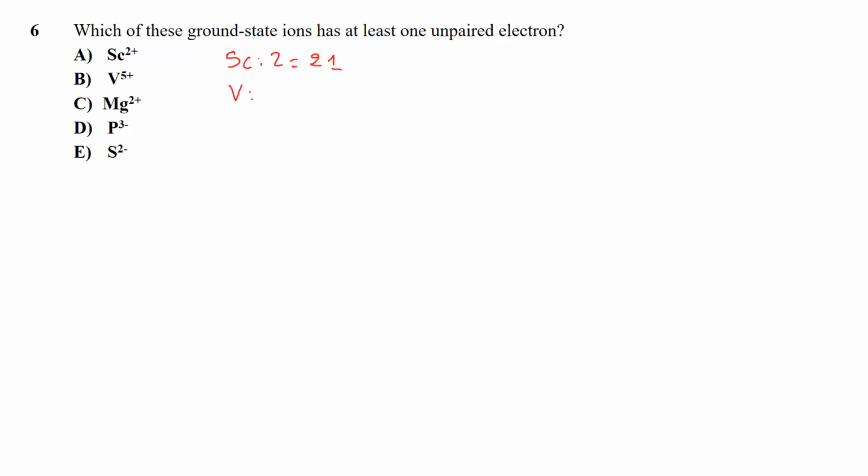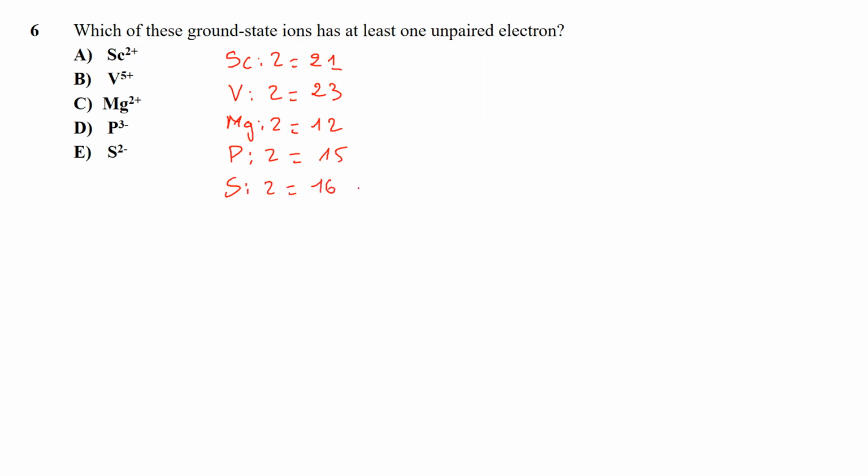For vanadium, Z equal 23. So this is directly from your periodic table. Magnesium, Z equal 12. Phosphorus, Z equal 15. And sulfur, Z equal 16.